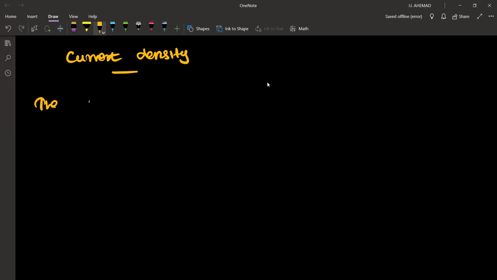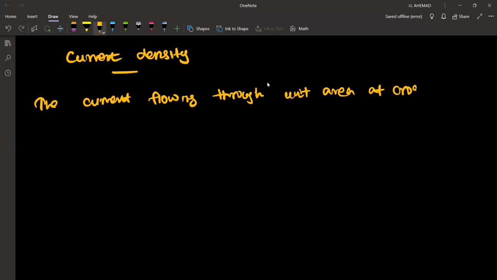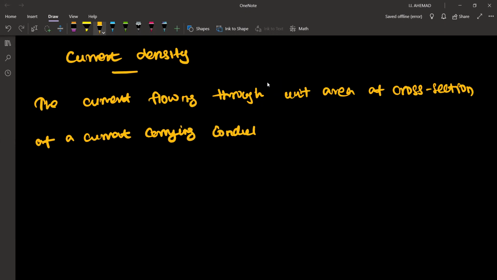The current flowing through unit area of cross section of a current carrying conductor is the current density.